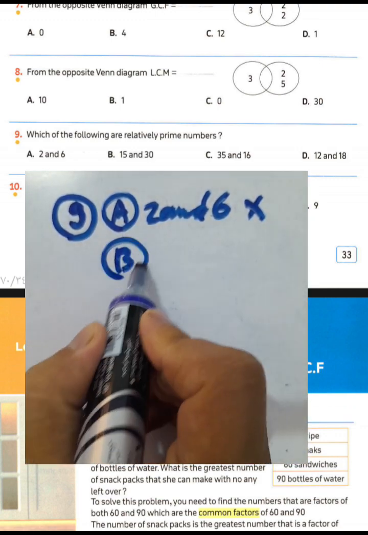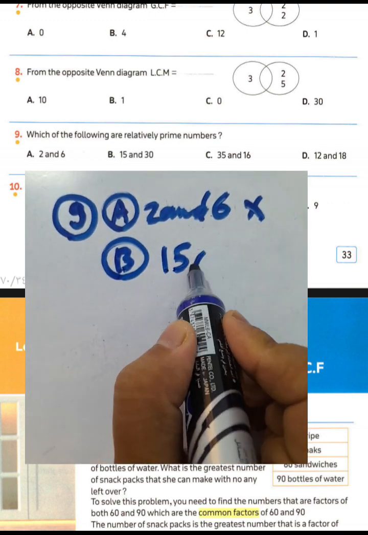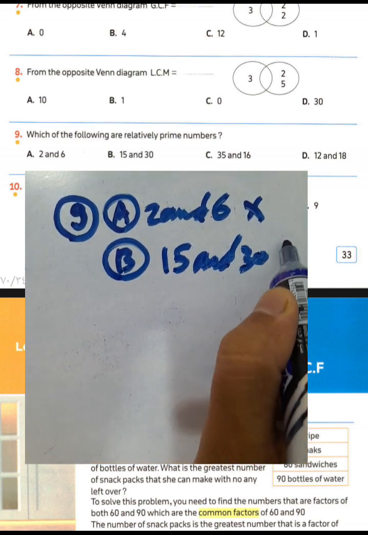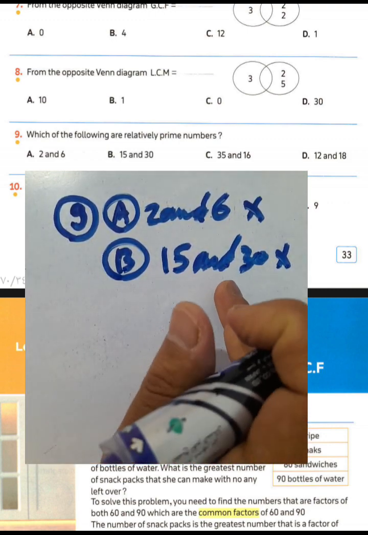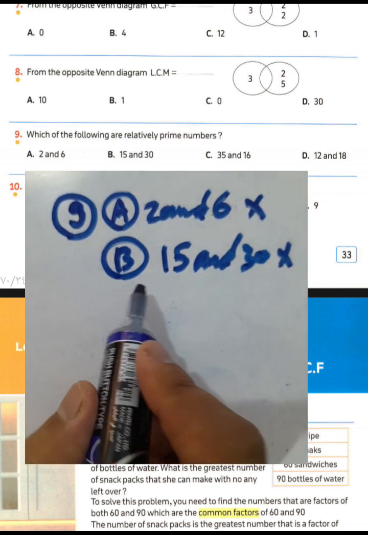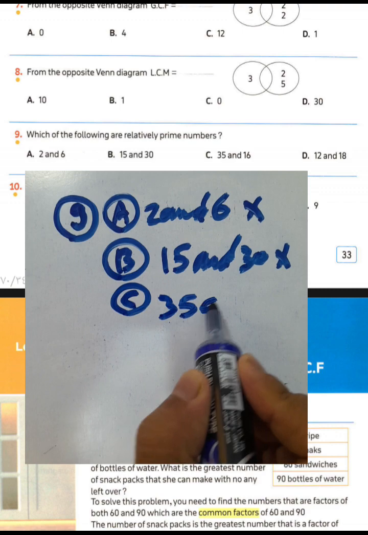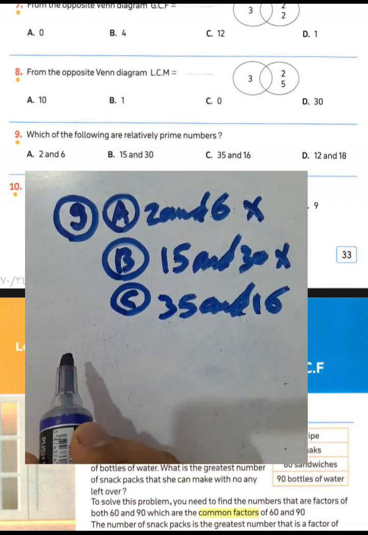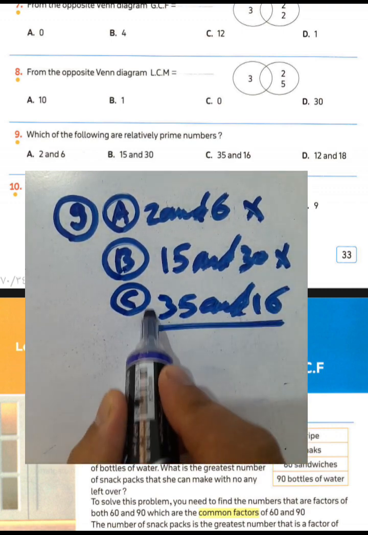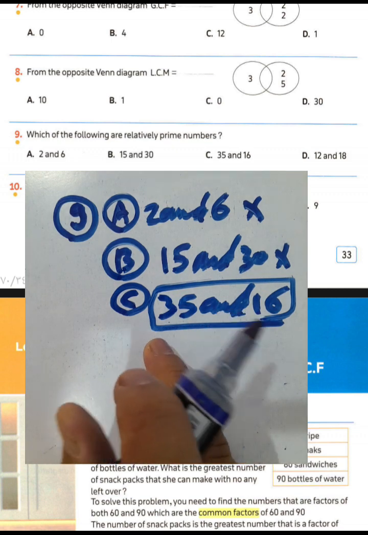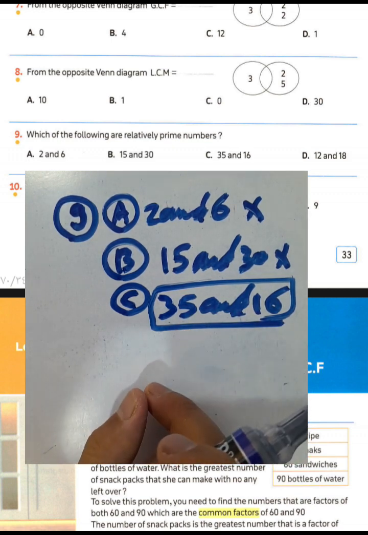Letter B, 15 and 30. It's false because 30 can divide by 15. Letter C, 35 and 16. It's true because the greatest common factor between them will be 1.